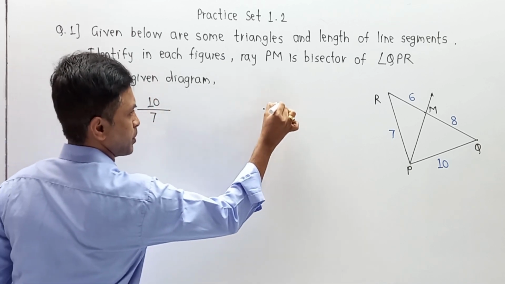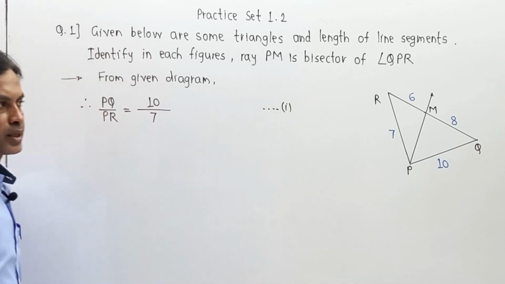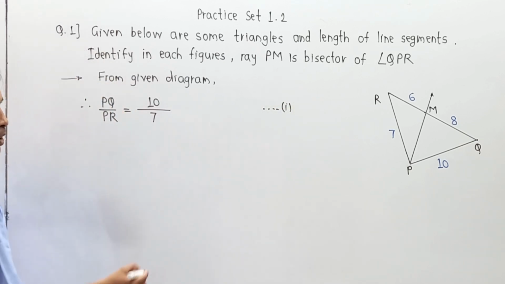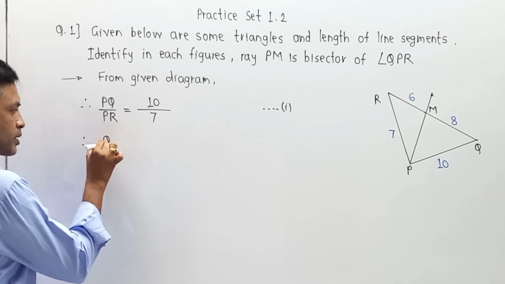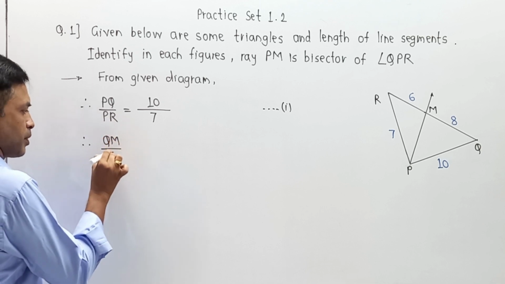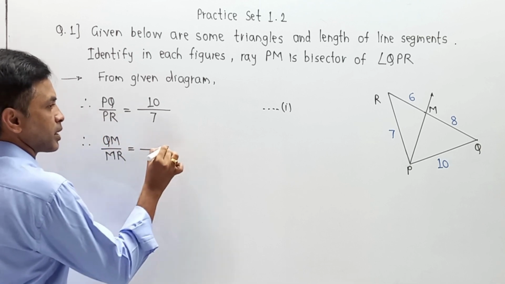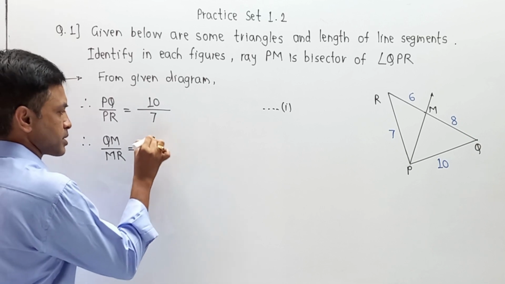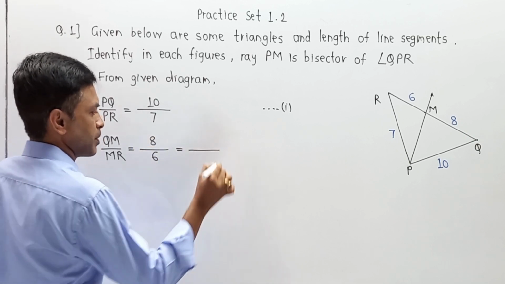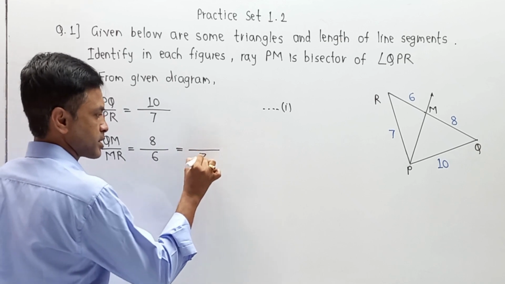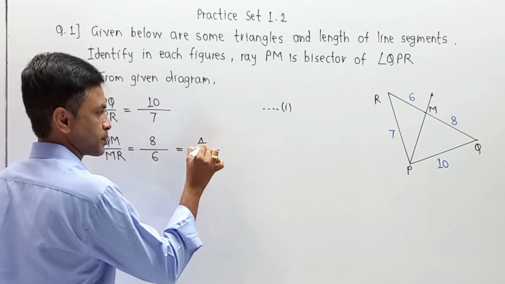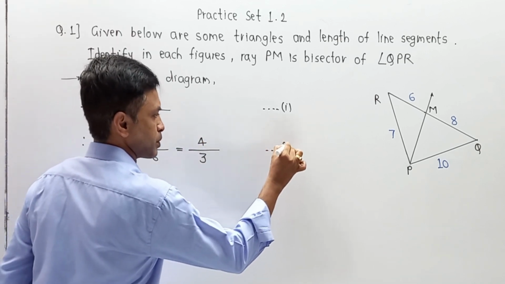Now you cannot simplify it more, so I am going to give it as equation number 1. For the second, QM upon MR, that is 8 upon 6. And if I simplify it, 2 3s are 6, 2 4s are 8. So this is equation number 2.